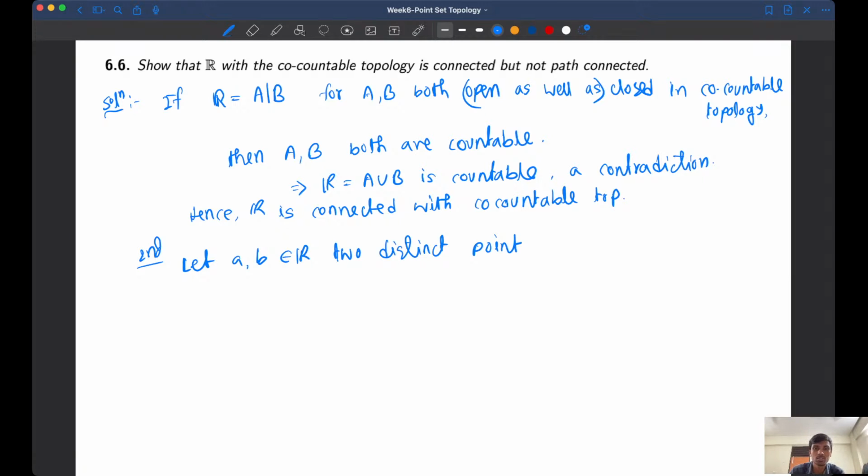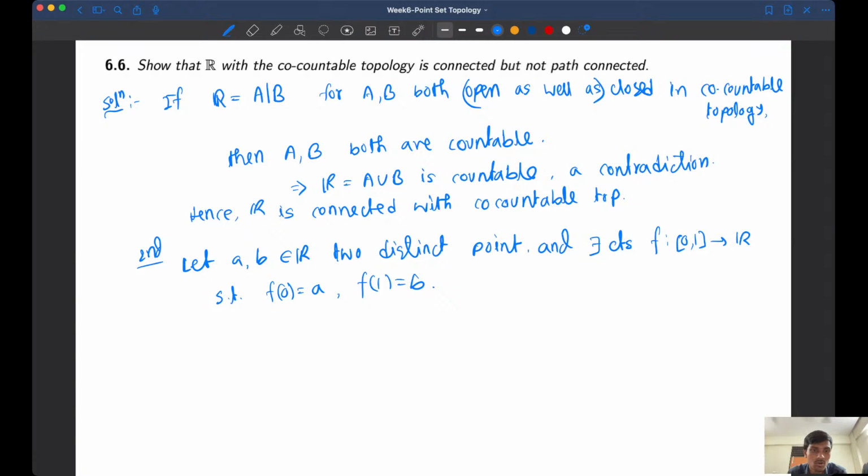Two distinct points, and there exists a continuous map f from the closed [0,1] to R such that f(0) equals A, f(1) equals B. Now we know the continuous image.